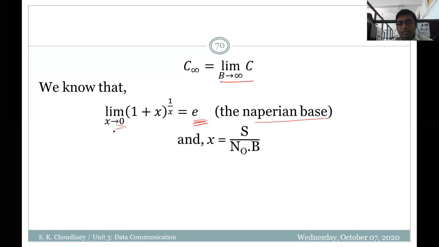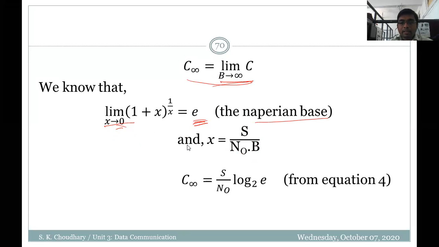It is a standard formula, and here we have considered bandwidth infinity. If bandwidth is infinity, x would come to 0. That's why we are able to correlate this standard equation with the situation we have reached in defining the C infinity.